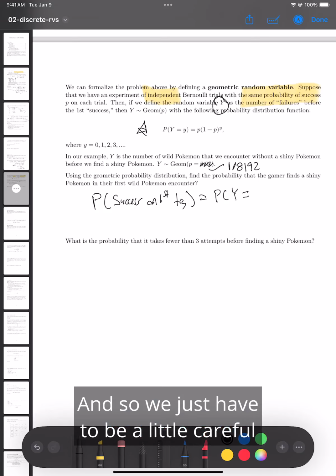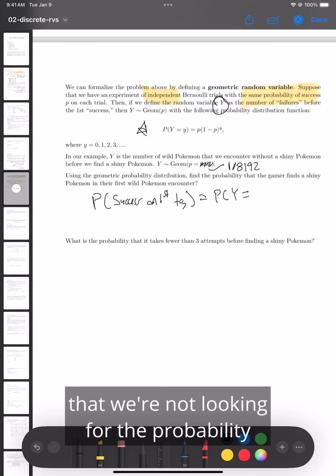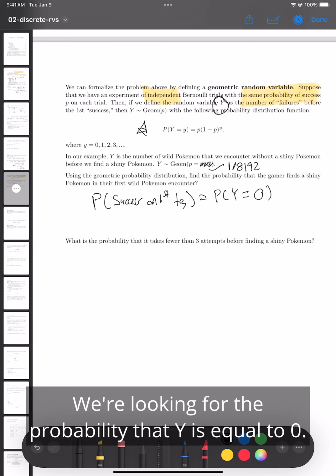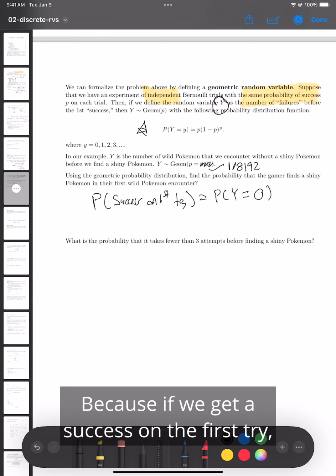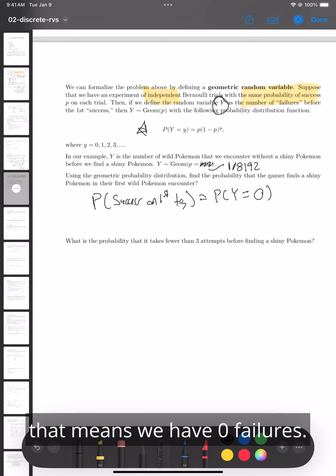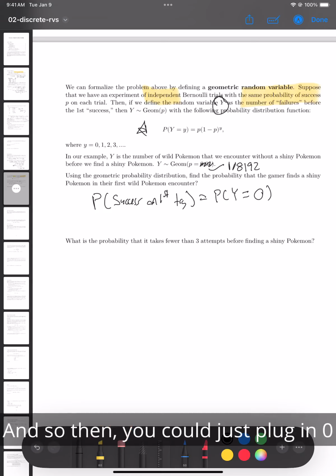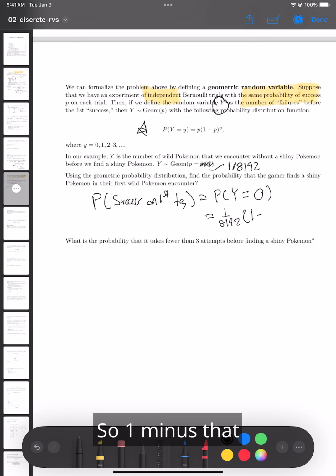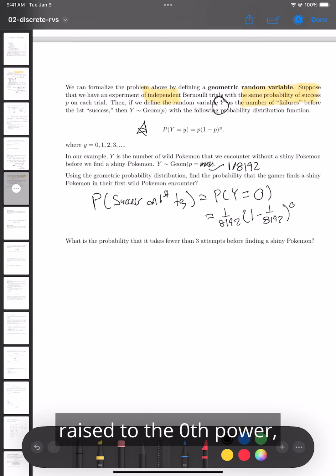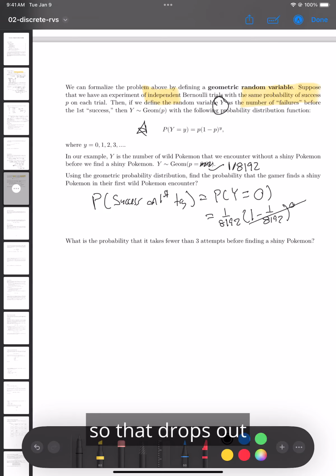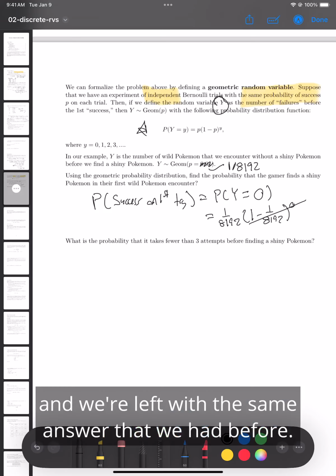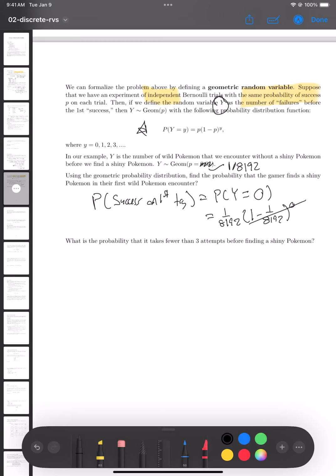And so we just have to be a little careful that we're not looking for the probability that y is equal to 1. We're looking for the probability that y is equal to 0, because if we get a success on the first try, that means we have 0 failures. And so then you could just plug in 0 to the formula up above. So 1 minus P raised to the 0th power drops out, because anything raised to the 0 power is equal to 1, and we're left with the same answer that we had before.